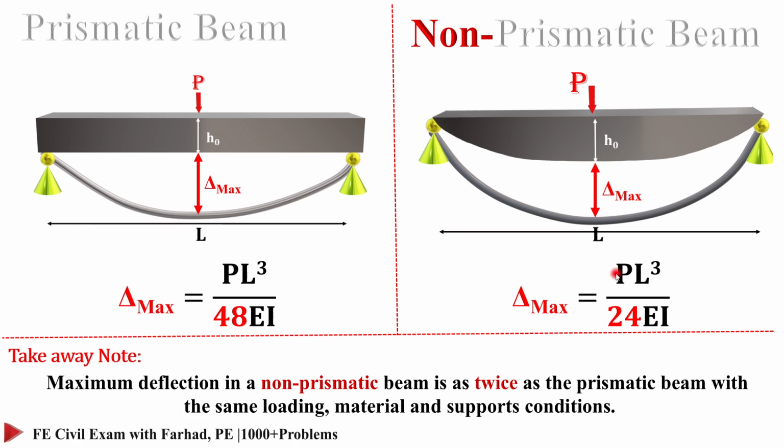So just be careful in designing non-prismatic beams. We are more concerned with double checking the maximum deflection, because the beam is much more economically efficient and uses less material, but the delta maximum is a concern for calculation and checking. Thank you, we will solve more problems in beams.